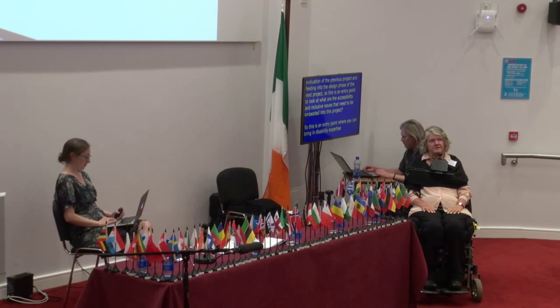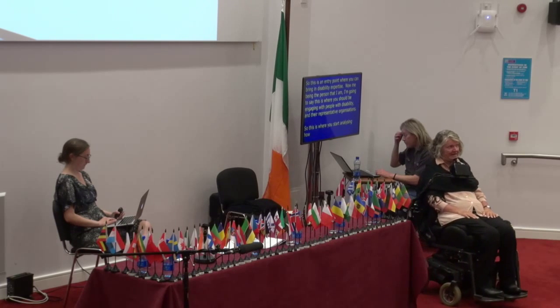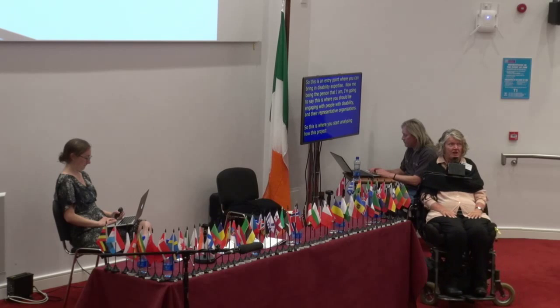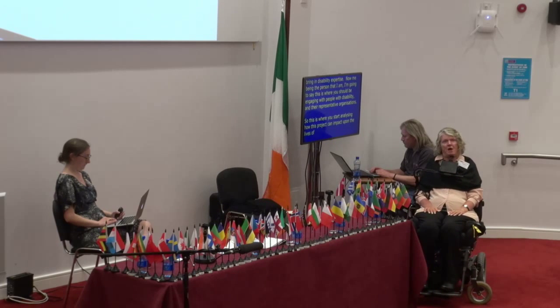Now, me being the person that I am, I'm going to say this is where you should be engaging with people with disability and their representative organisations. This is where you start analysing how this project can impact upon the lives of people with disability, both positively and negatively.